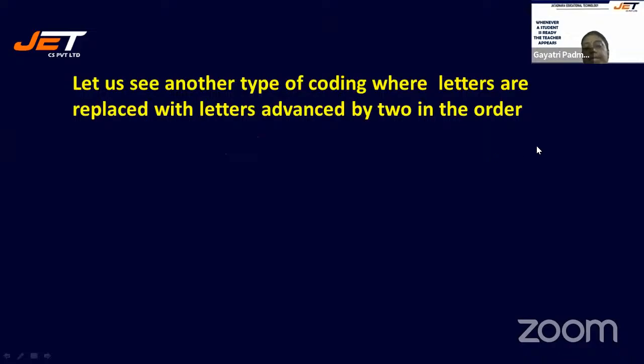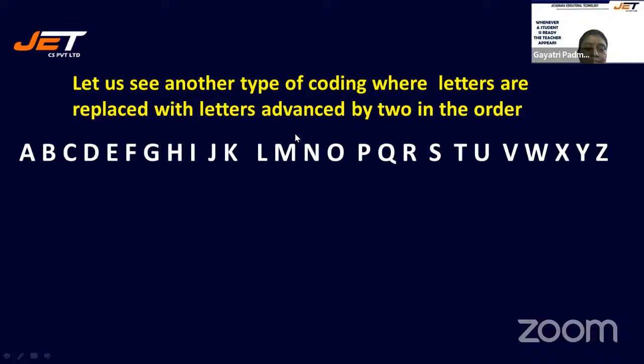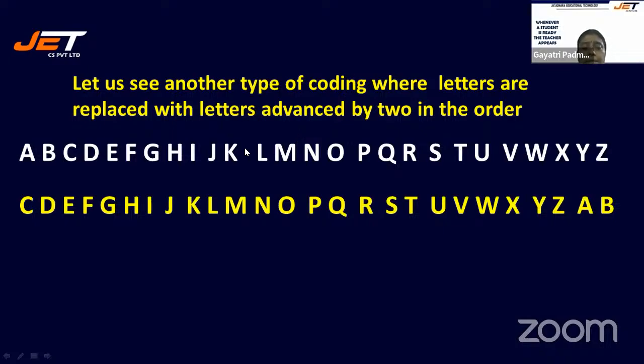Yes. Now let us see another type of coding where letters are replaced with letters advanced by 2 in the order. The last one that we saw, it was 1. So instead of Z, we wrote it as A. Instead of A, we wrote it as B, and so on.